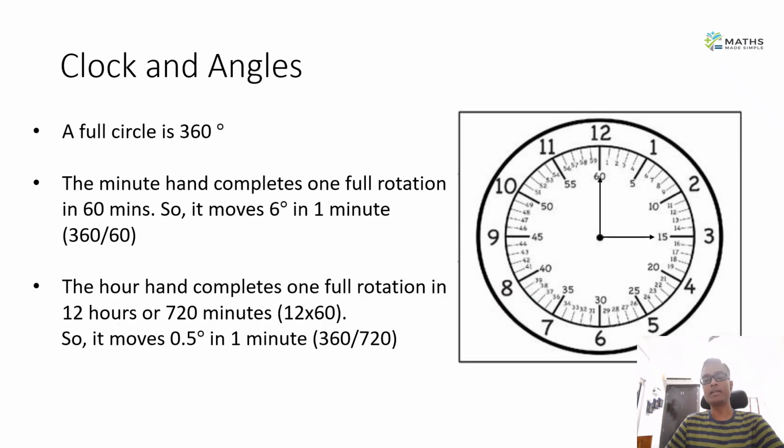So in 1 minute, it would have moved 360 divided by 720, which is nothing but 0.5 degrees. So the hour hand moves 0.5 degrees in 1 minute.